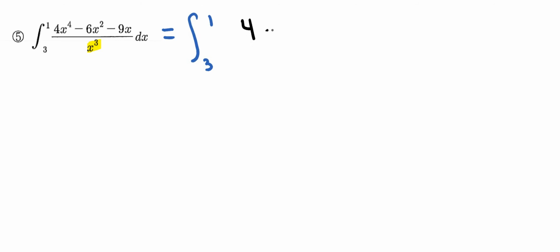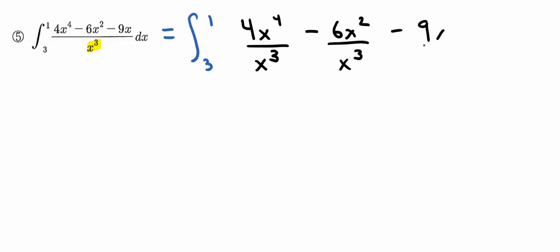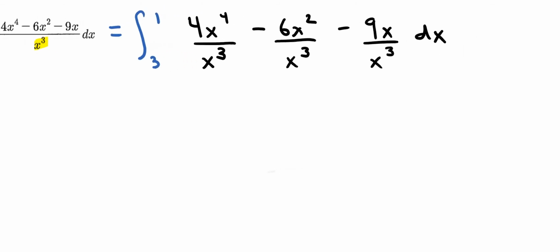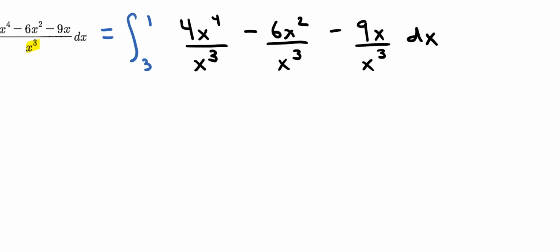So this is going to be 4x to the power of 4 divided by x cubed, minus 6x squared divided by x cubed, minus 9x divided by x cubed, times dx. All right, so we're going to write this all in terms of individual fractions, and then we're going to simplify each individual fraction here.